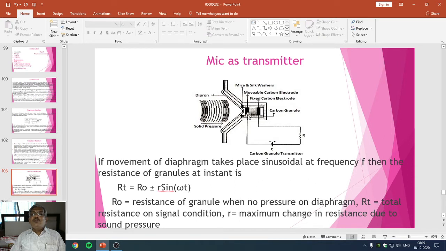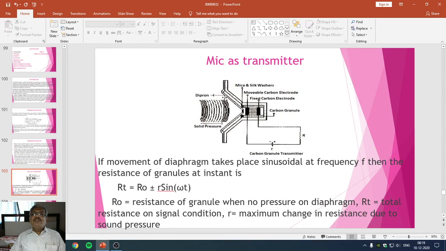Another one is a movable electrode. The fixed electrode doesn't change its position, whereas the movable electrode has the ability to change its position. This movable electrode is connected to the diaphragm of the mic.